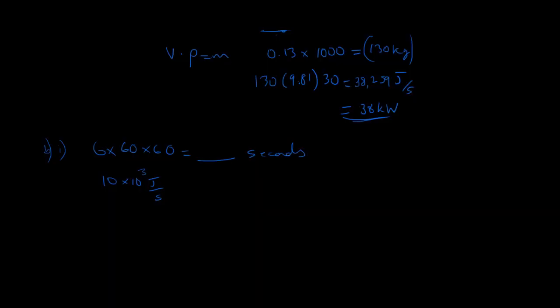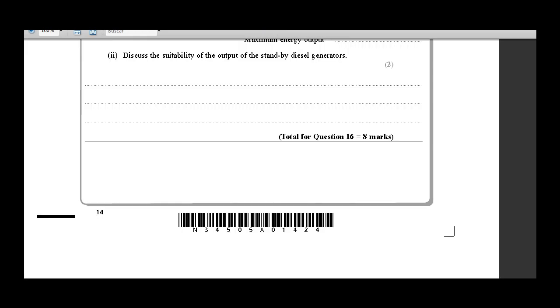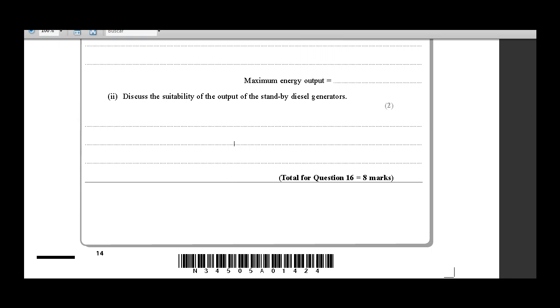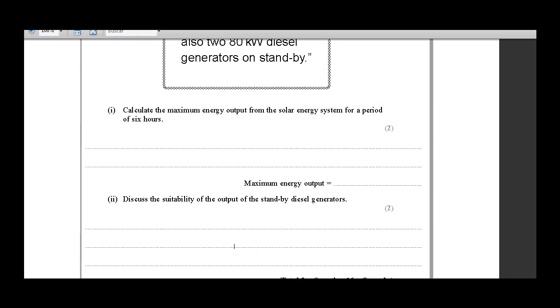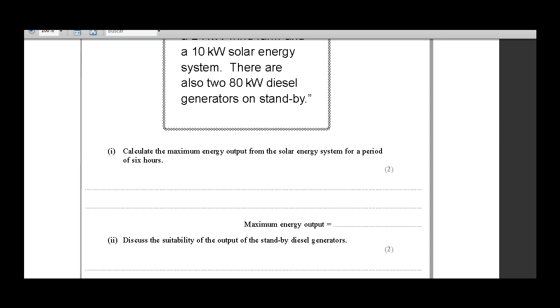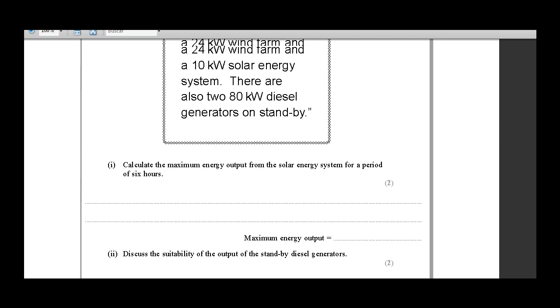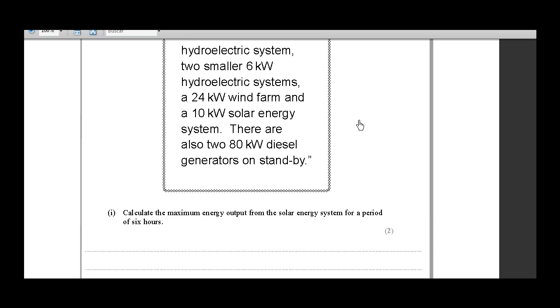The next part says to discuss the suitability of the output of the standby diesel generators. So discuss how suitable the output of the standby diesel generators is. It says there are also 2 80 kilowatt diesel generators on standby. So these are standby guys, so they're supposed to kick in when the others are not working.